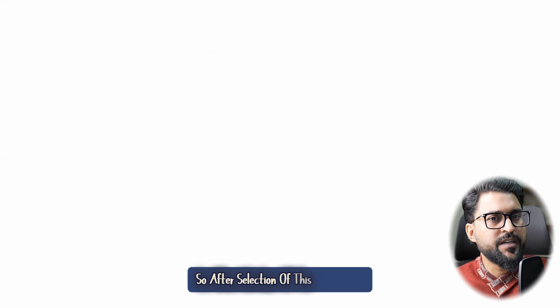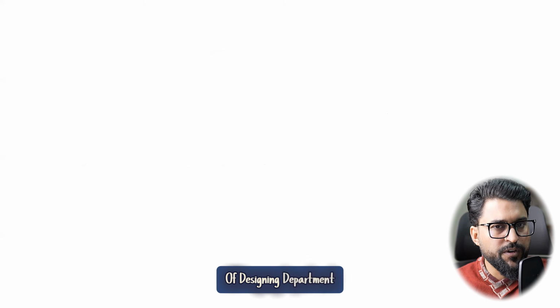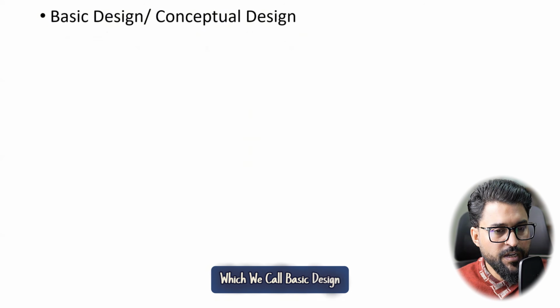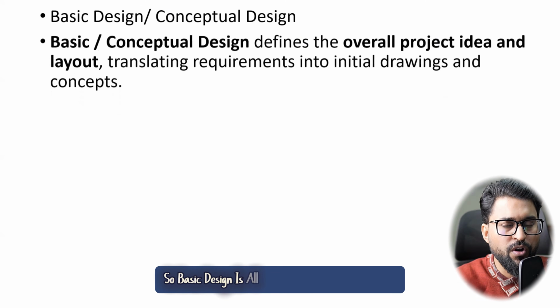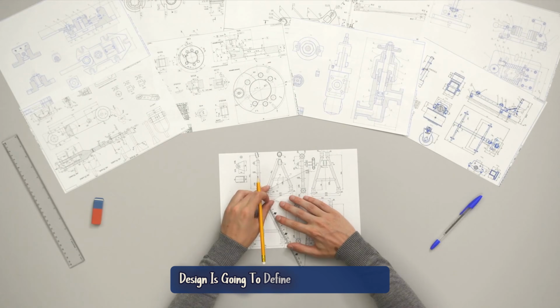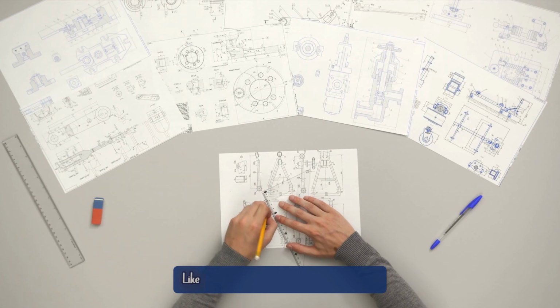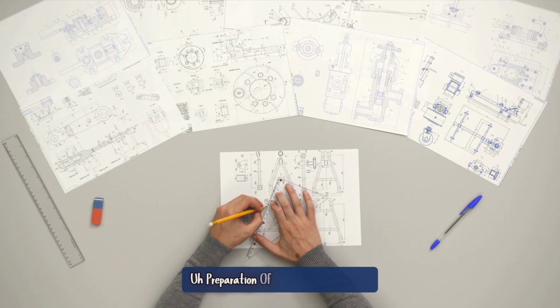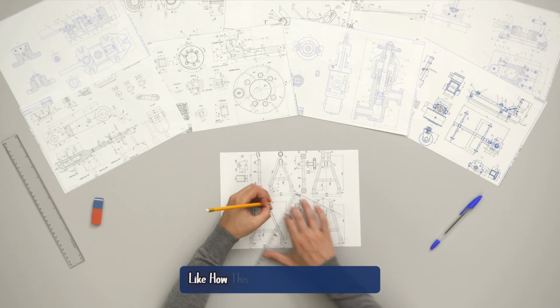After selection of this consultant of the designing department, we have to start our first phase, which we call basic design. Basic design is going to focus on conceptual design and define the overall project idea, like how this project will look.